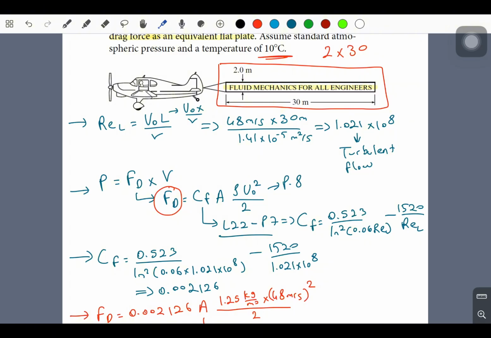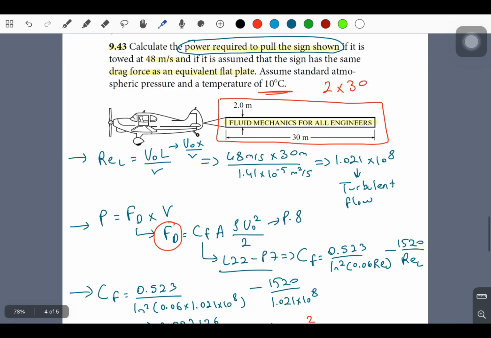But the force is acting on both this side and also the back side of this sign, so we actually need to use the area for these 2 sides. This means we are going to multiply this area by 2.